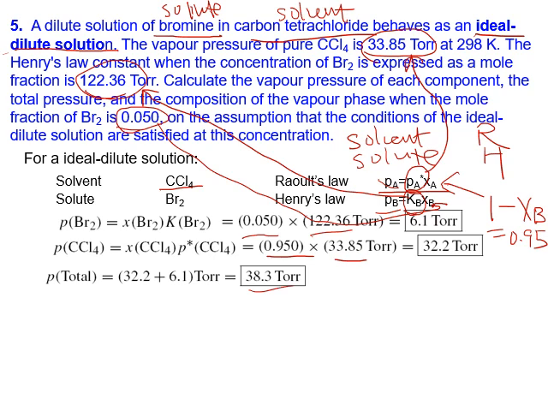All right, one more thing: it asks you to calculate the composition of the vapor phase. Now, composition is about mole fraction. We already know the mole fraction for the solution phase. We want to calculate the mole fraction of the gas phase.